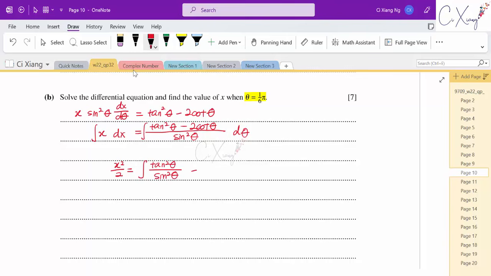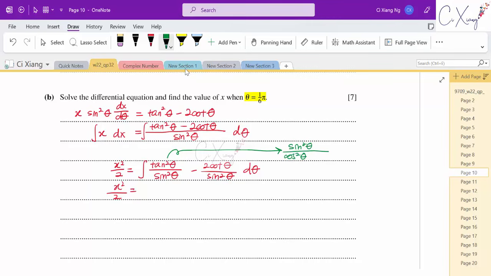And then I'm having negative 2 cotangent theta divided by sine square theta. Okay, so if we observe this particular fraction, we can't integrate straight away like this, but if we try to simplify it, such as tangent square theta can be written as sine square over cos square.